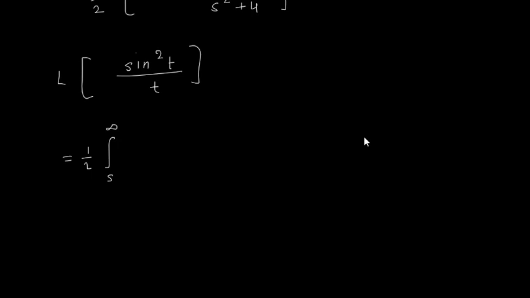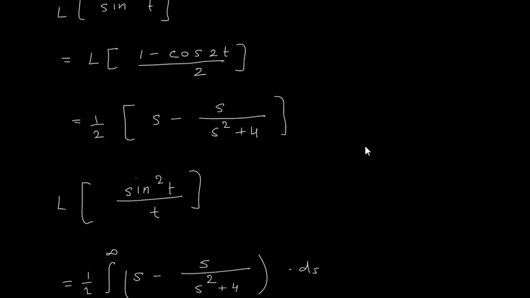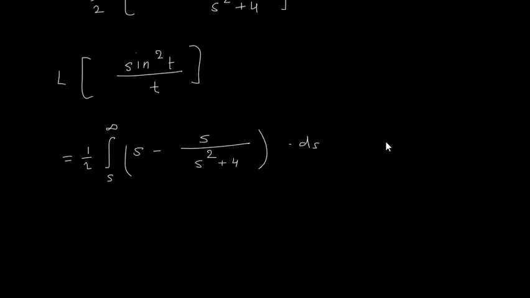There is no point in cross multiplication. So here, integration of 1 upon s minus s upon s square plus 4 into ds. Okay, 1 minute. Laplace of 1 is 1 upon s. It is not s, it is 1 upon s.